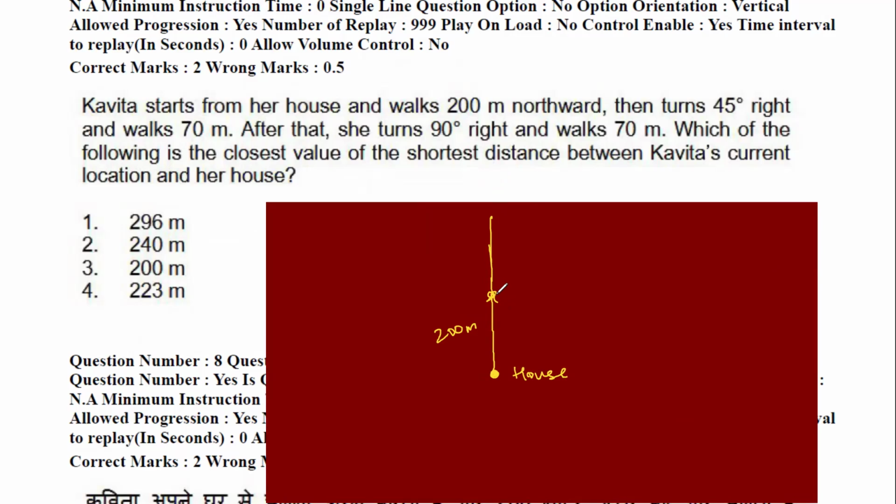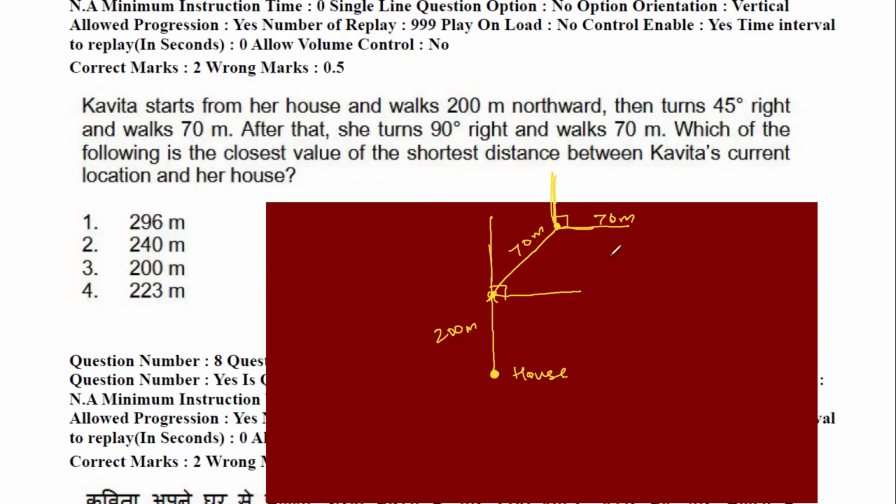And then from here, if this is 90 degrees, then she goes 45 degrees, 70 meters, okay? After that, she turns 90 degrees right. So from here, imagine this is straight and 90 degrees right, and she goes 70 meters.